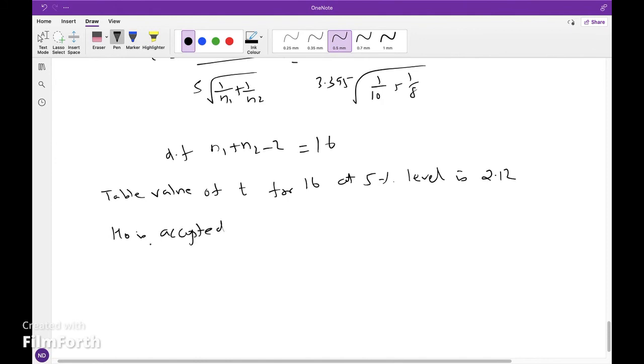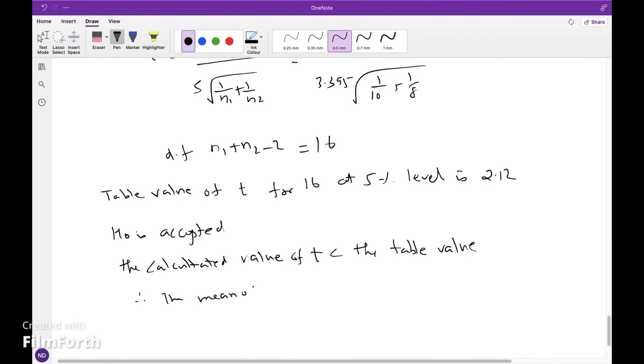So H0 is accepted since the calculated value of t is less than the table value. Therefore, the means of the populations are equal.